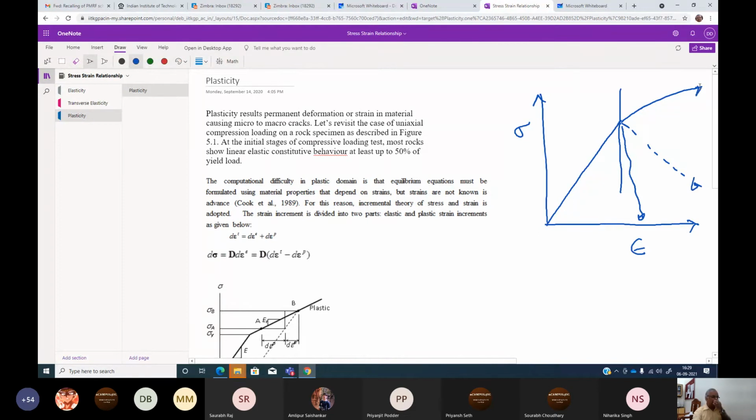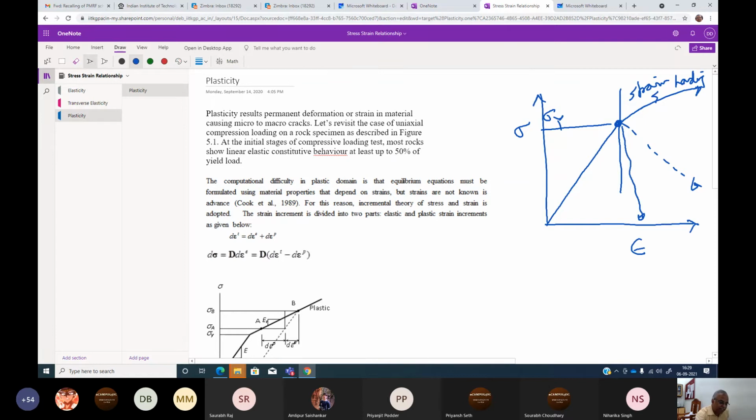There are basically three paths it can take. If the stress still increases after yielding, if the stress still increases with strain, but not at the same rate, the rate gets down, then this is called strain hardening condition.